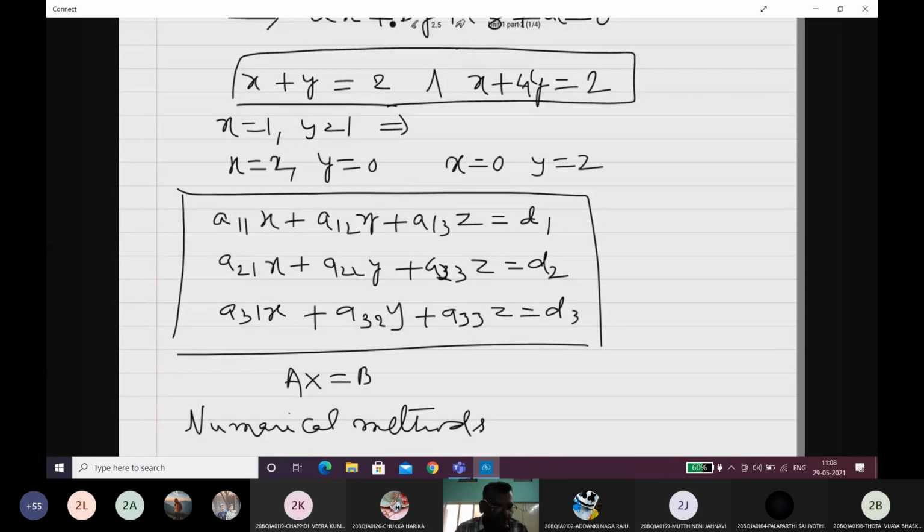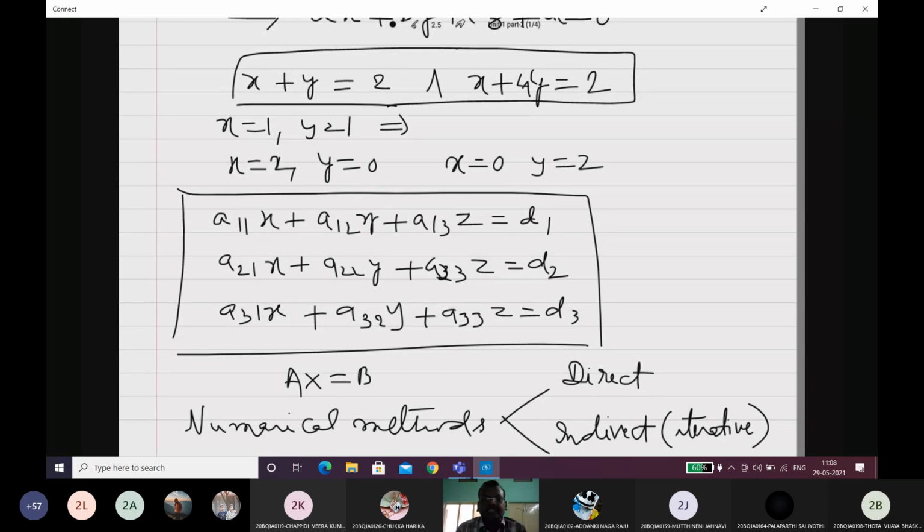In numerical methods, some methods are direct methods and the other is indirect methods. Indirect is nothing but iterative.